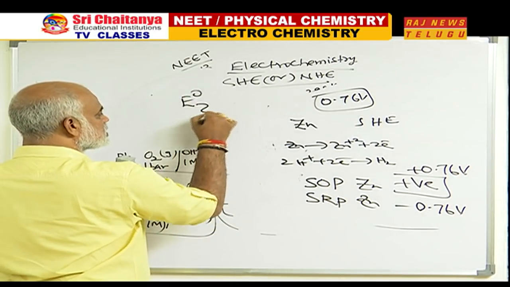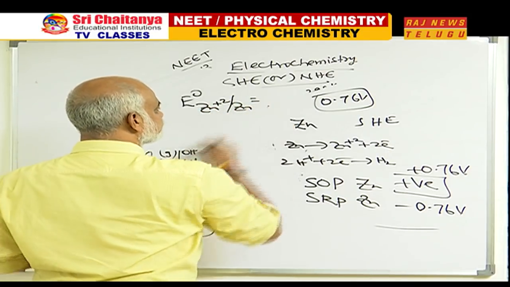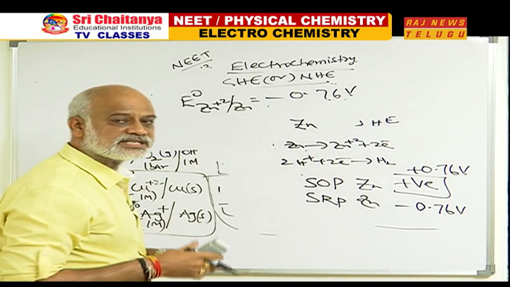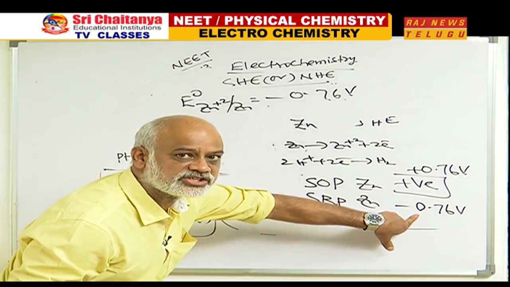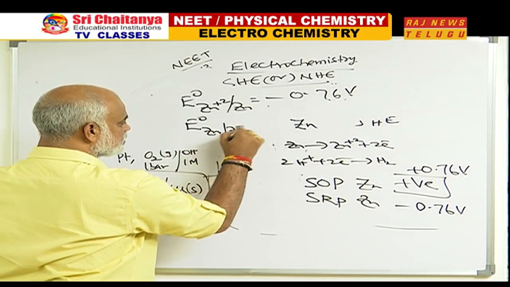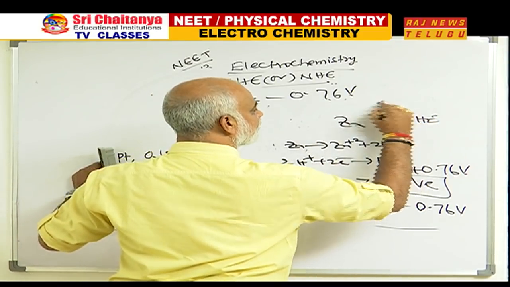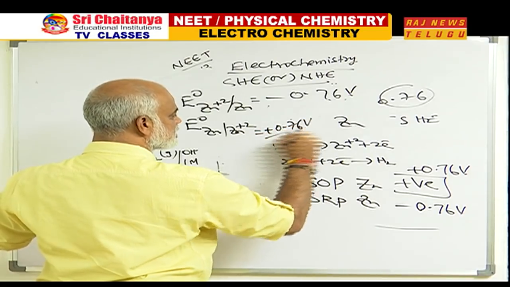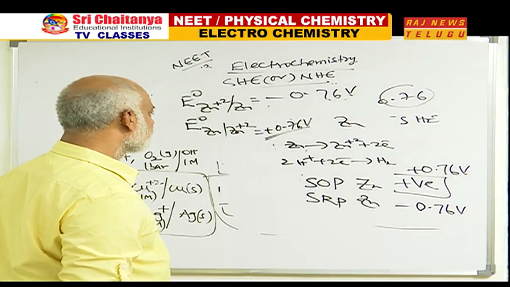E naught Zn2+ / Zn is equal to minus 0.76, meaning, sir, Zn2+ to Zn, reduction potential is negative for zinc. E naught Zn / Zn2+ is equal to plus 0.76 volts. Agree all of you? Right.